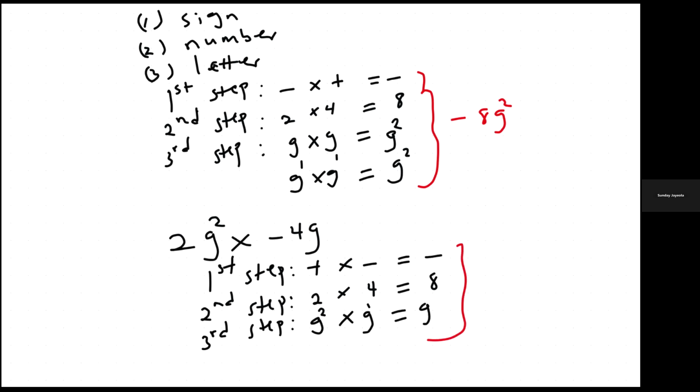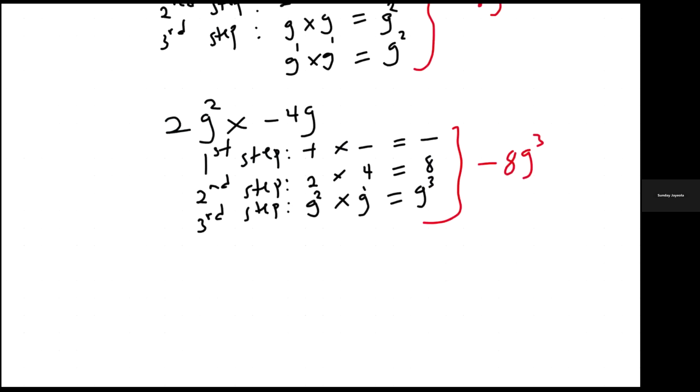So our answer becomes negative 8g raised to the power of 3. I will do the third one, and I will not be using the first step. We just go directly into a calculation instead of using that.